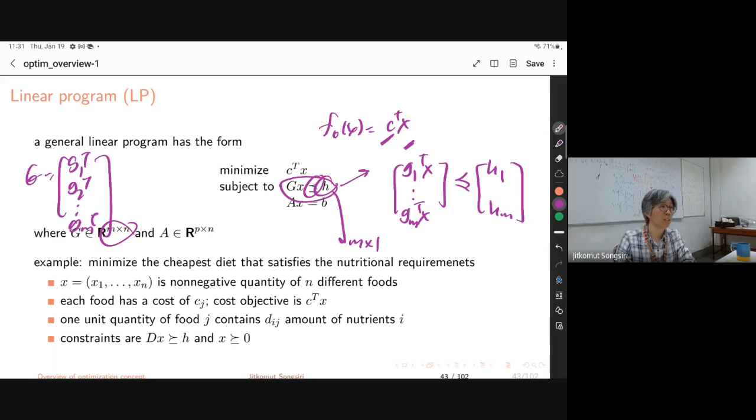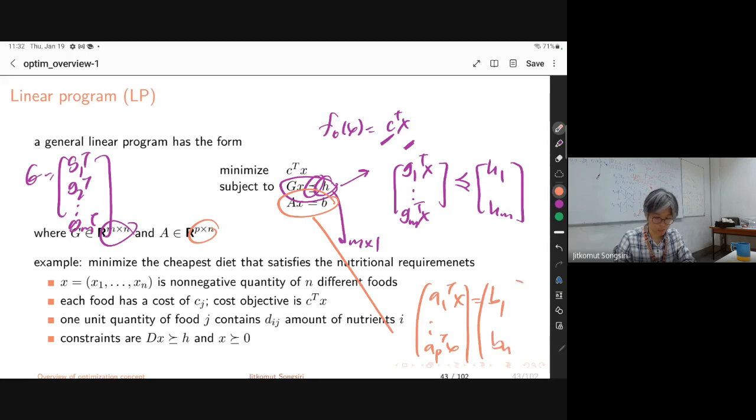Linear inequality, okay? And then for linear equality, if A is p by n, this equation says you have a1 transpose x equals b1 and ap transpose x equals bp.